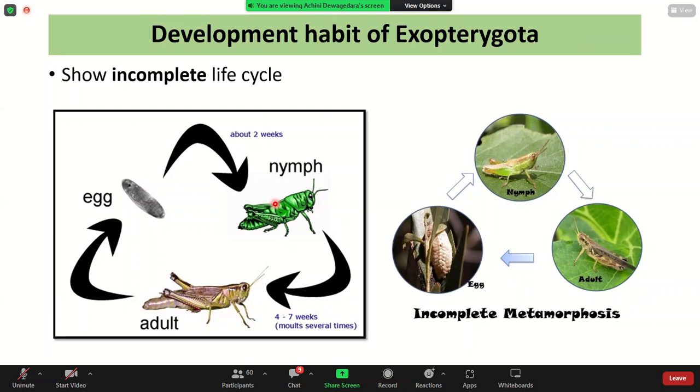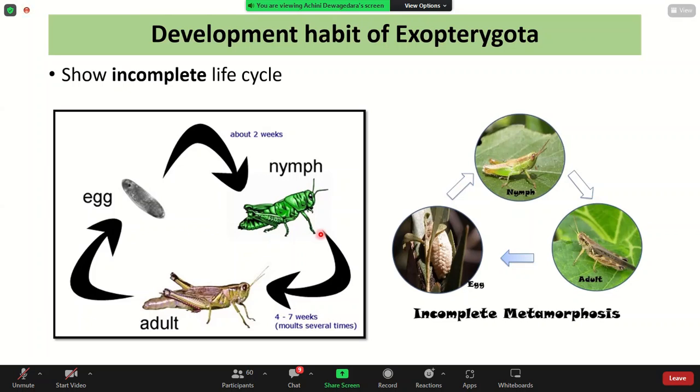The body is developing, but the exoskeleton does not develop. It is the same size. Then you can see the size difference of the nymph and adult. How can this nymph become the adult? Nymph is smaller than adult. So when the nymph is developing, its exoskeleton is not developing. What will it do?